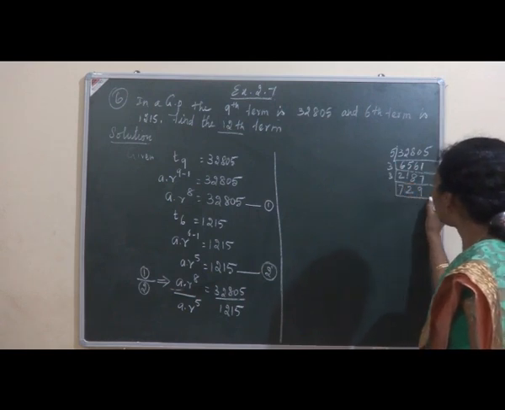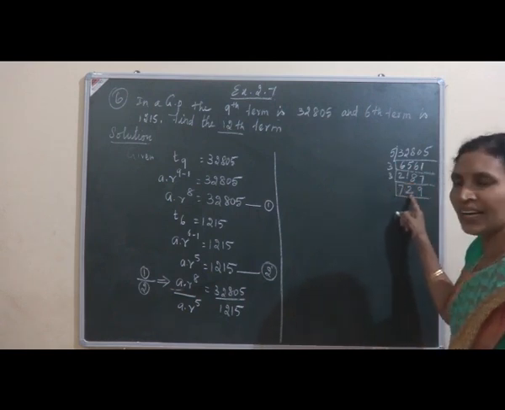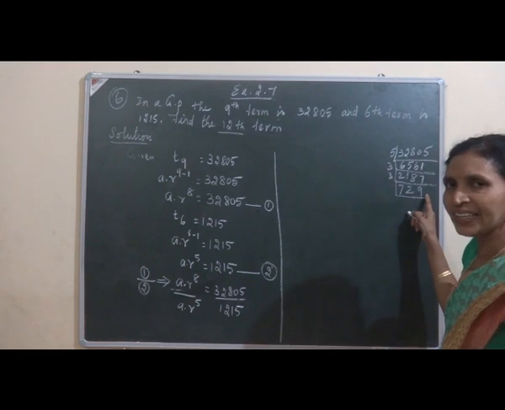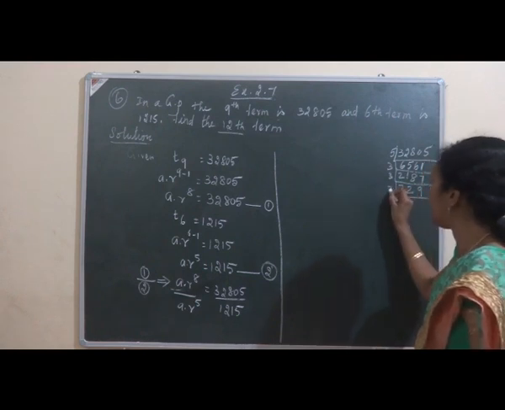Again you do this: 7 plus 2 is 9, 9 plus 9 is 18, divisible by 3.